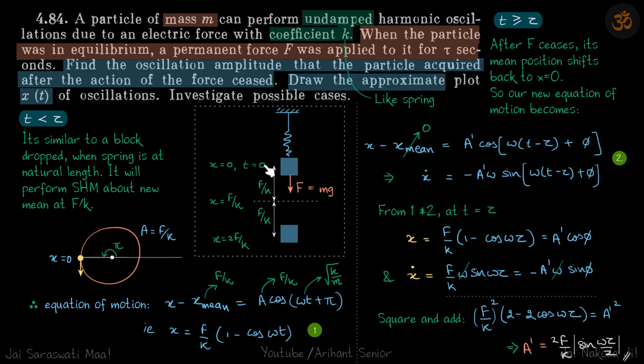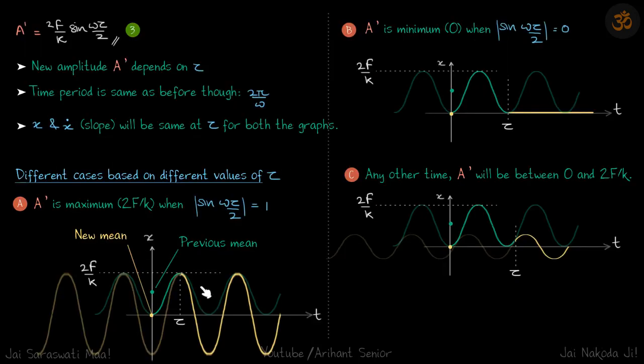So it will perform SHM about this point. So that's what this represents. This green is the mean position of the green path and yellow is the mean position of the yellow path, which does not change. It doesn't matter what tau is.